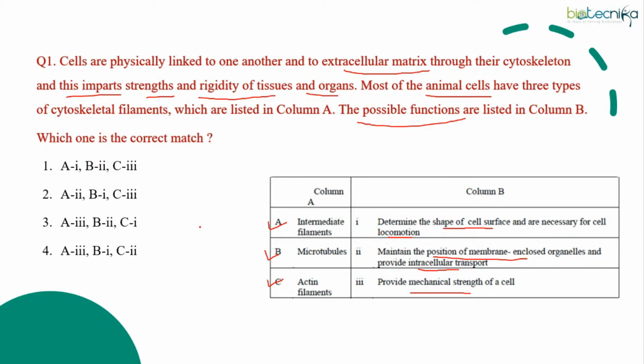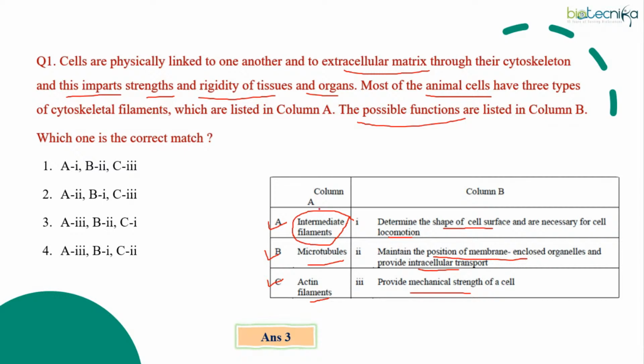The correct answer over here is, as you both have mentioned, absolutely correct: option 3. So what does option 3 stand for? Always remember, intermediate filaments are not involved in movement. Of course, there can be a confusion that microtubules are involved in movement, and actin filaments are also involved in movement.